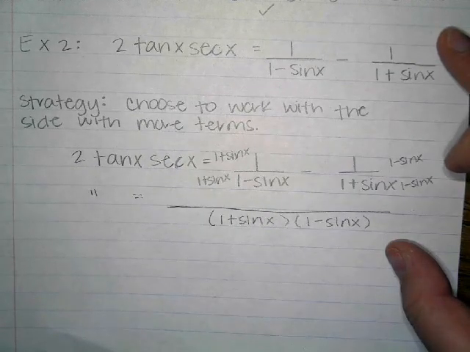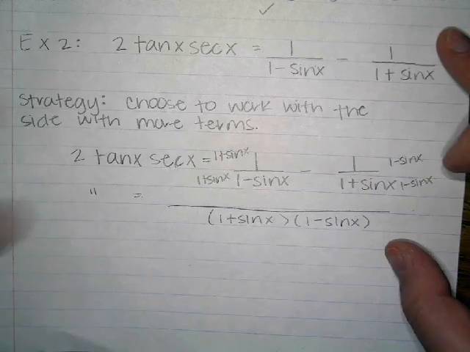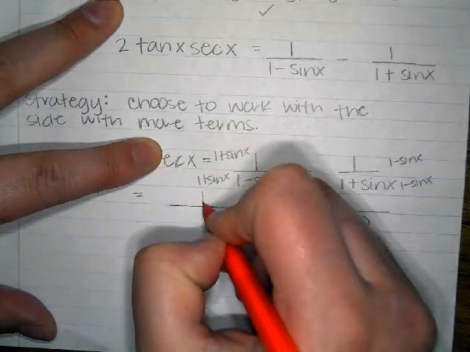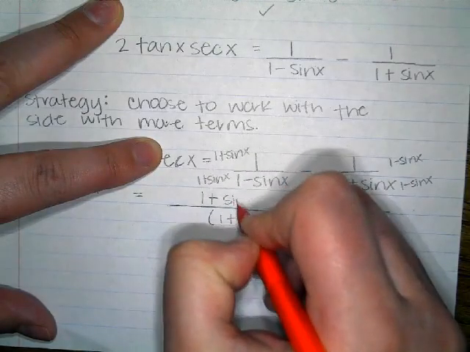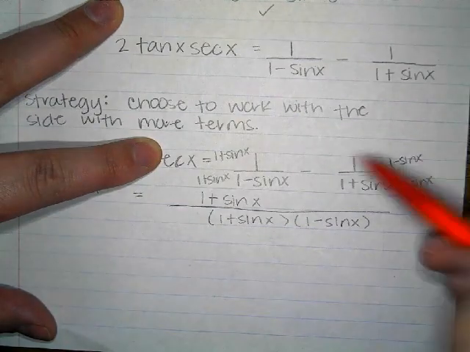Okay. So for the first fraction, I've got 1 plus sine, and then we have to be careful to distribute the negative. And so when I distribute the negative, what do I get? Minus 1 minus sine.